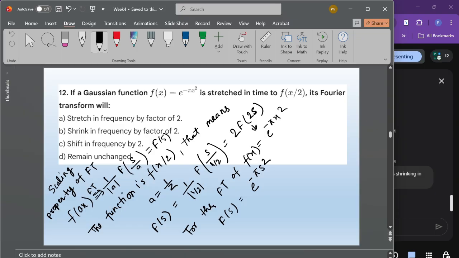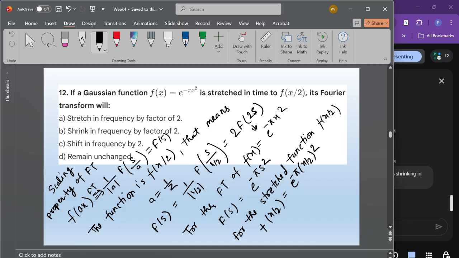If we stretch x to x by 2 in the time domain, for the stretched function f of x by 2, first we apply it in the time domain, so we get e to the power minus pi times x by 2 whole square.